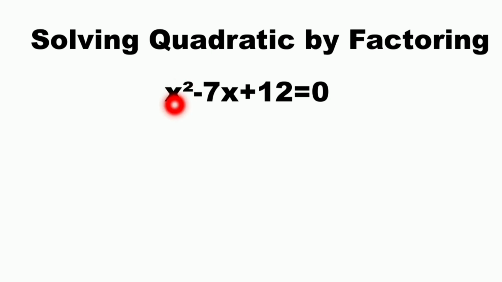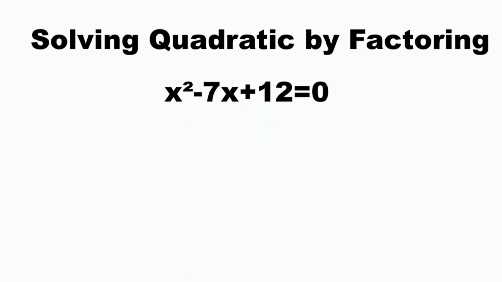This is not a perfect trinomial square, so you have to look for the factors of 12 that, when you add, give you the middle term 7x. The possible factors must both be negative, since we have a positive last term and a negative middle term.